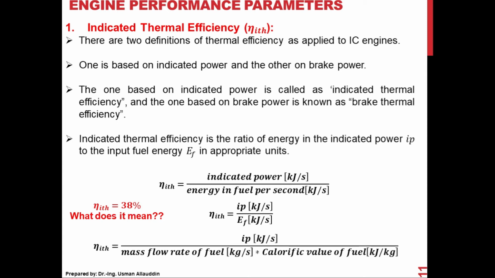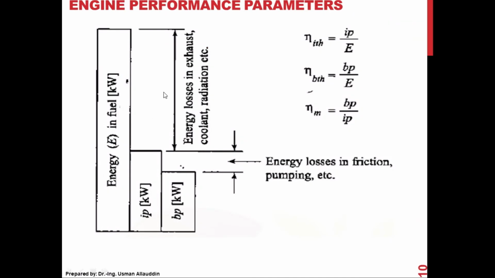It means that if you have 100 kilojoule per second of energy or power from burning fuel, then out of 100, only 38% will be converted into indicated power, and the rest, 62%, will be lost in the exhaust losses, coolant losses, and radiation losses.